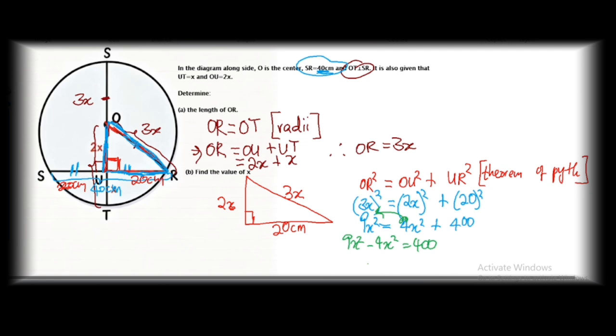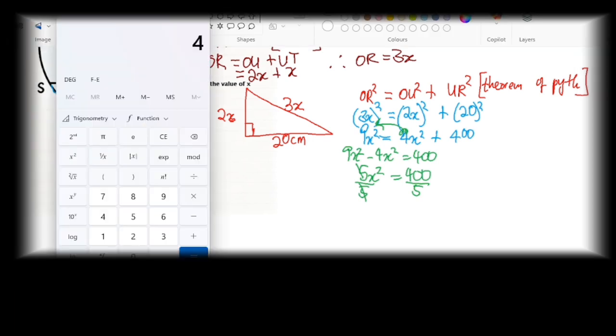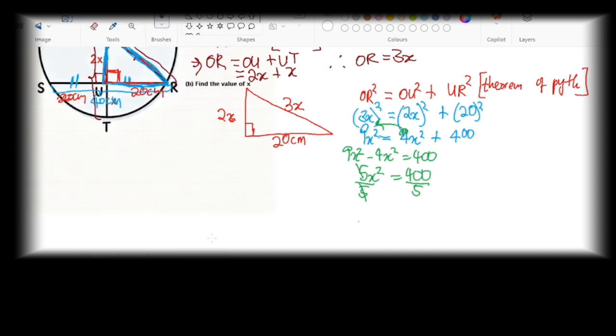And then we are going to divide both sides by 5. This 5 will cancel this 5. And 400 divided by 5 is equals to 80. So therefore, x squared will be equals to 80.